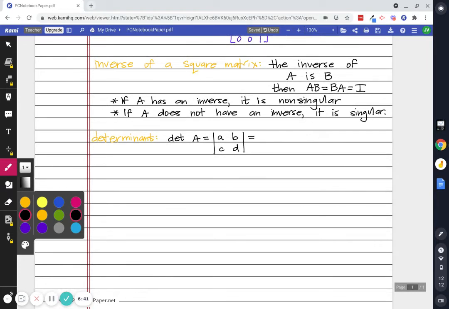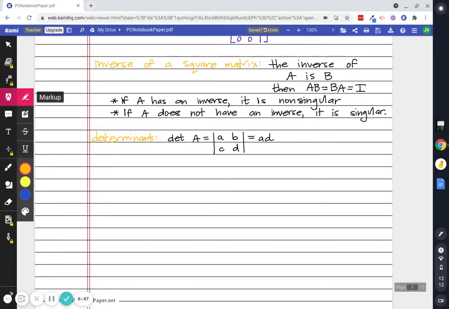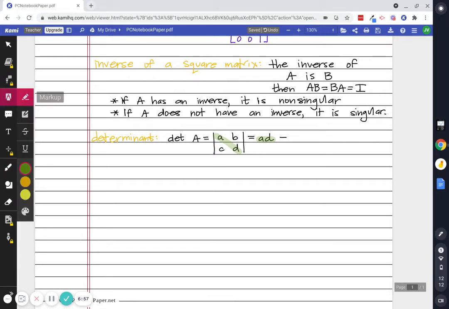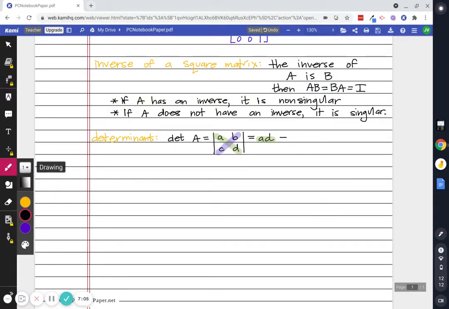Anyway, to do the determinant by hand, I do AD, right? I multiply on this diagonal. And then I subtract B times C, which is the other diagonal.